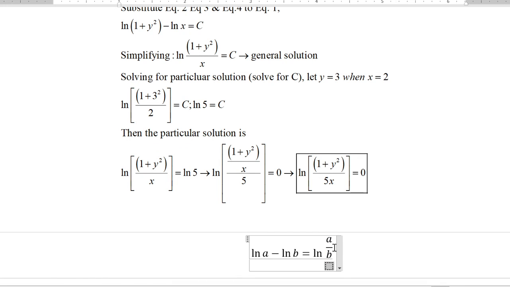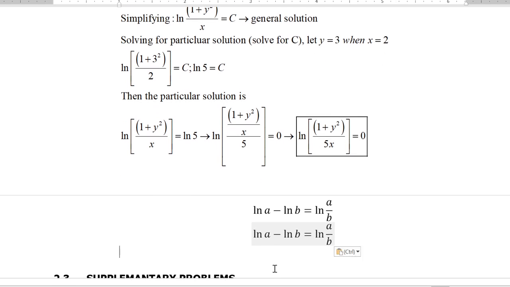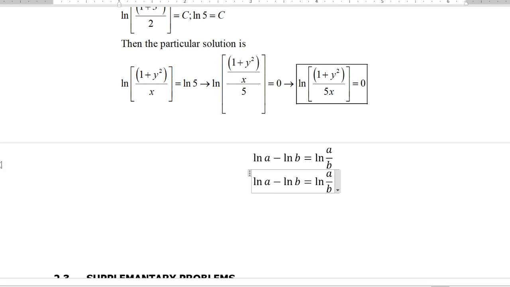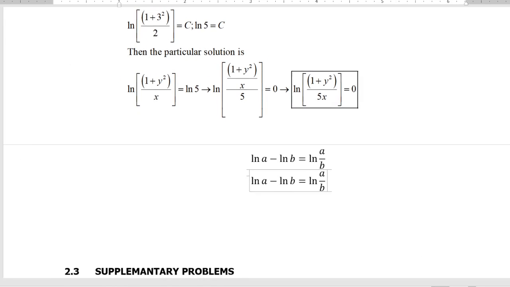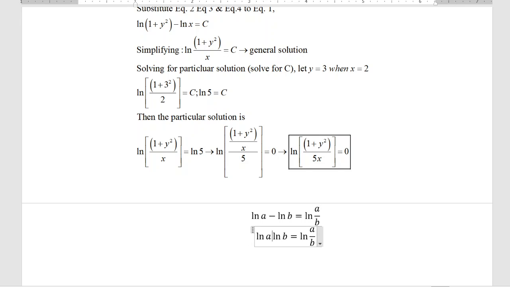Isasama ko na rin, take note lang to. Ang ln pag plus naman, pag ln a plus ln b, equal lang yan sa ln of the quantity a times b.